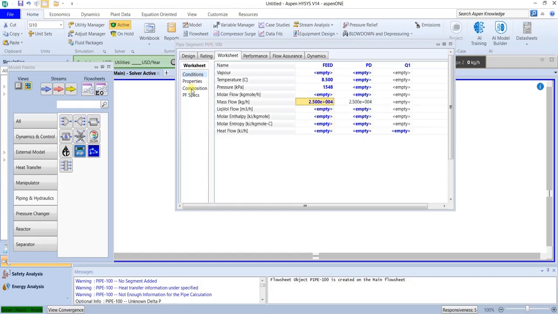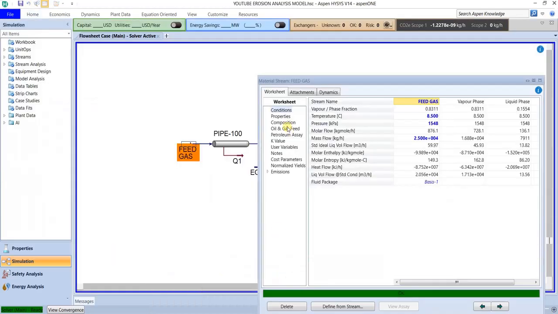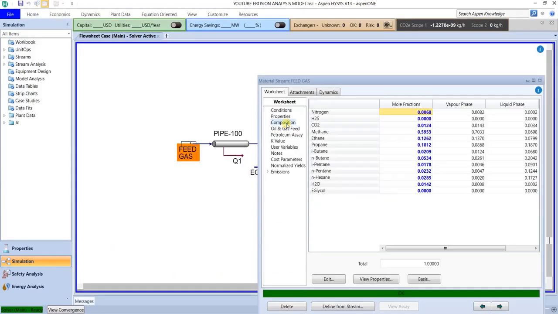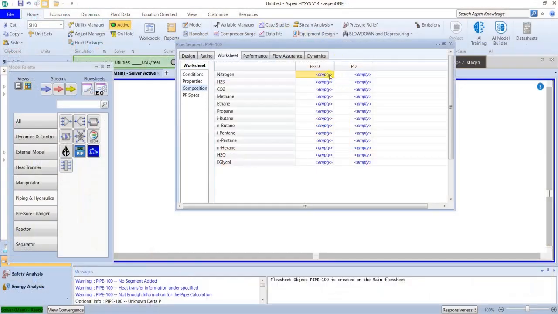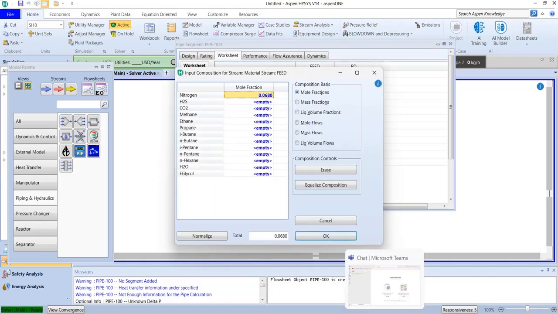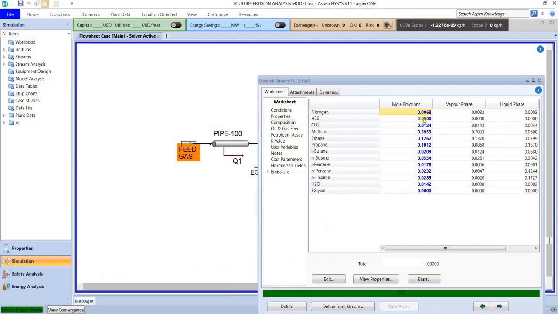And for composition, we can start with nitrogen, then copy the rest. So we have 0.068 nitrogen. Then we can copy other values from this. This should actually copy.